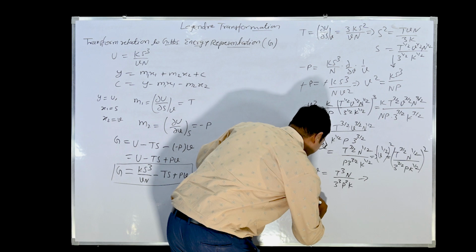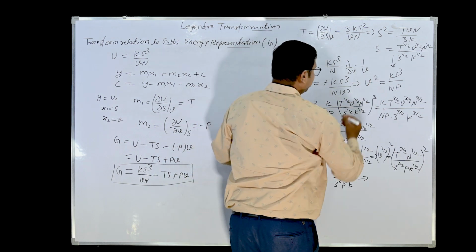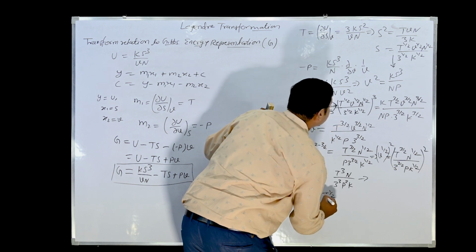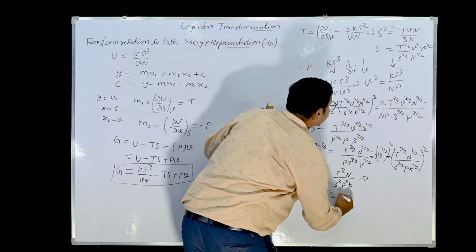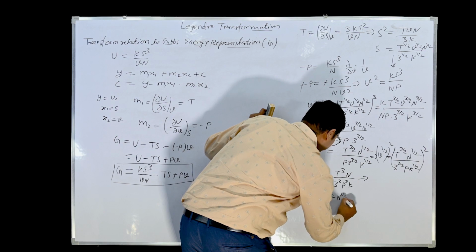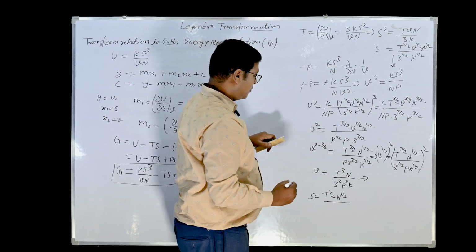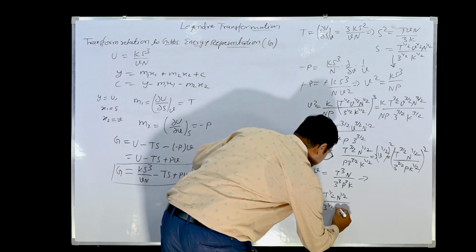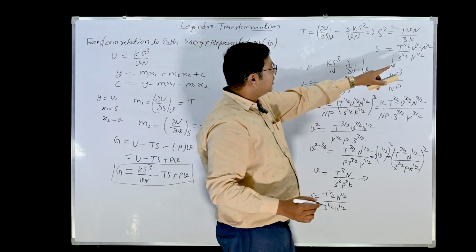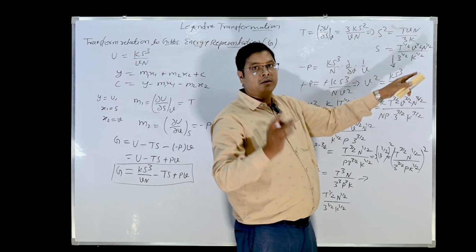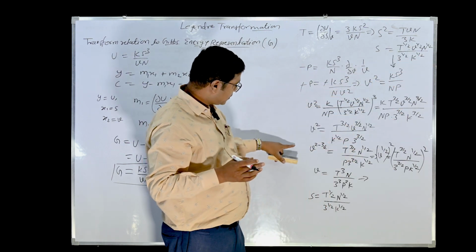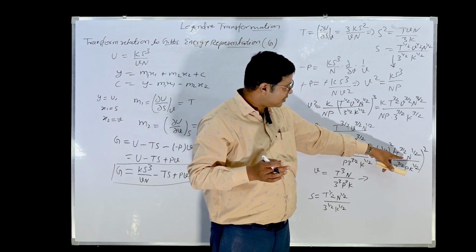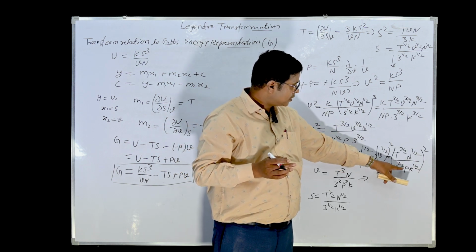So let's use S is equal to what is given here: T to the power 1 by 2, and N to the power 1 by 2 upon 3 to the power 1 by 2 and K to the power 1 by 2. So here V to the power 1 by 2 is given, and this was the relation: V to the power 1 by 2 is equal to T to the power 3 by 2, N to the power 1 by 2 upon these terms.